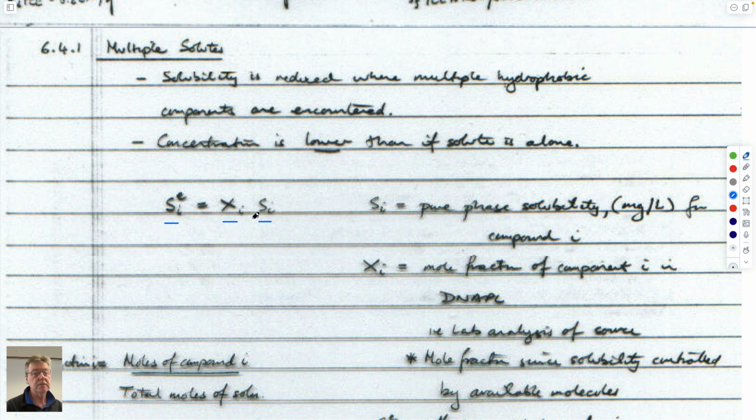And so this is the value you take out of the reference table, the absolute solubility when there's only that compound in water, for our case. And if you know what this is and you know the mole fraction in the DNAPL or the LNAPL, then you can calculate its effective solubility.